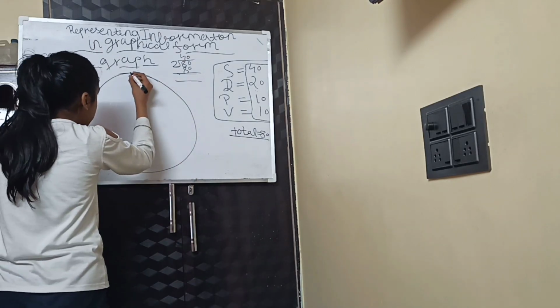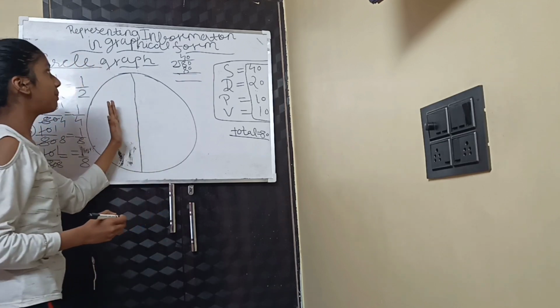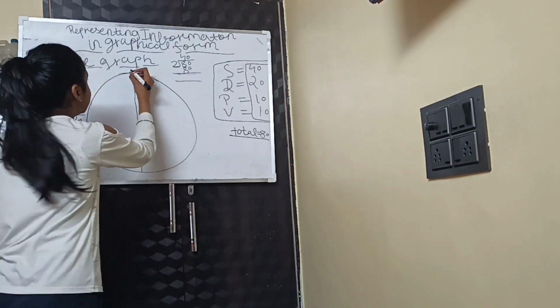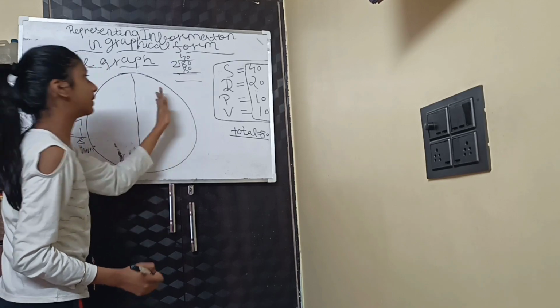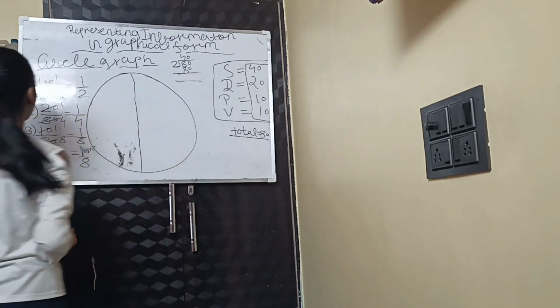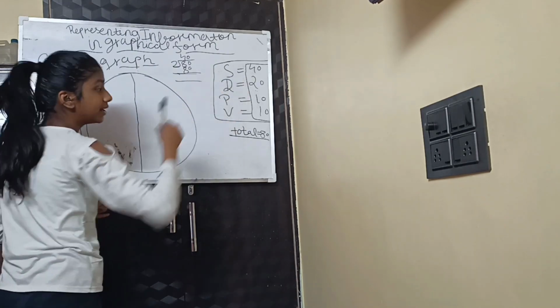Now when we make a line in the center of this circle, this part will be 40 and this part will be 40. So the samosa is 40.